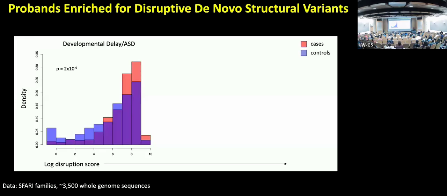What you see here at a cohort level is strong evidence that while many variants in both the sick kids and the healthy siblings do not disrupt genome folding, there's, as evidenced by the higher red bars compared to blue bars on the right-hand side of the plot, more genome disruption caused by the variants in the sick kids than by the variants in their healthy siblings.